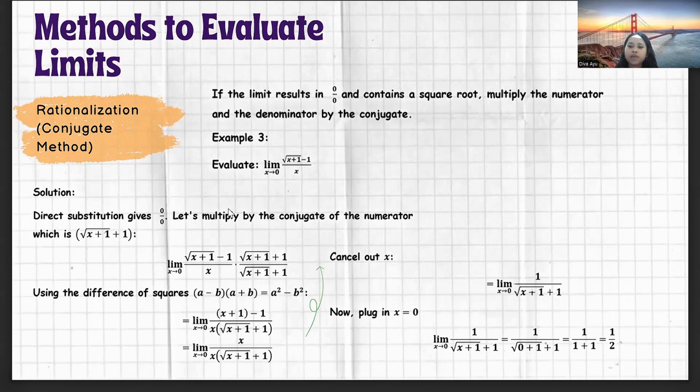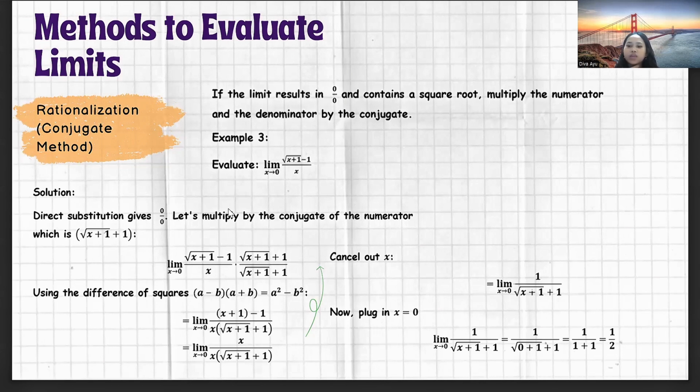By multiplying the expression by its conjugate, the square root is eliminated, making the expression much simpler. After simplifying, we can substitute the value of x again to find the limit. This method is especially useful for functions involving radicals because it transforms a complicated expression into a simpler one.